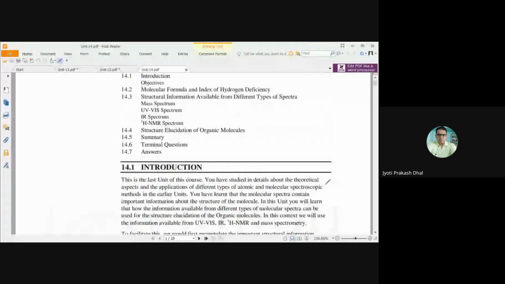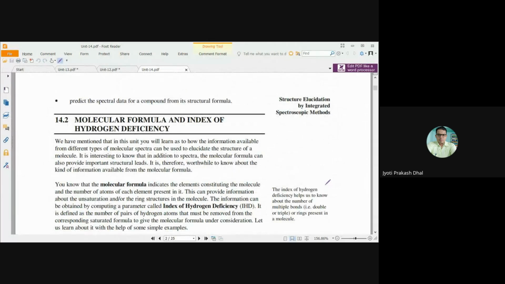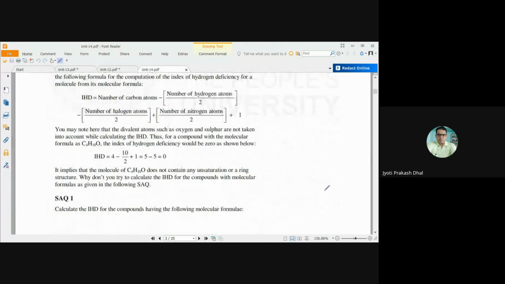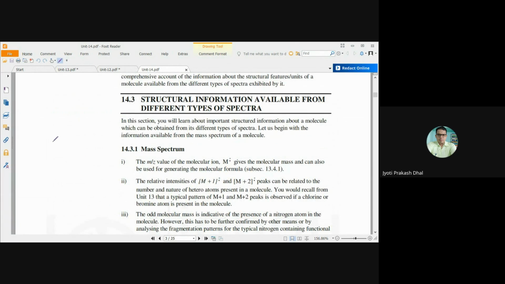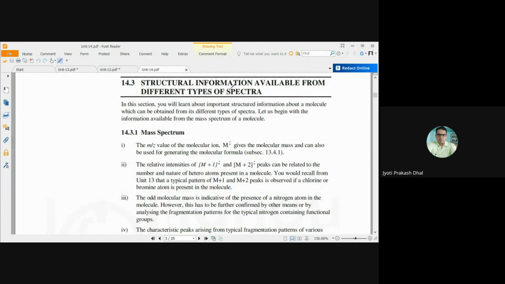So here, unit 14 deals with structural elucidation by integrated spectroscopic methods. Whatever we have studied till now, based upon those spectroscopic methods, we use for the structural elucidation of an unknown analyte or sample. The first is structural information available from the different types of spectra.